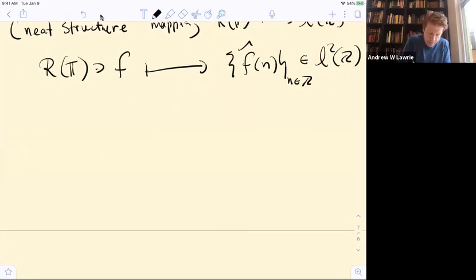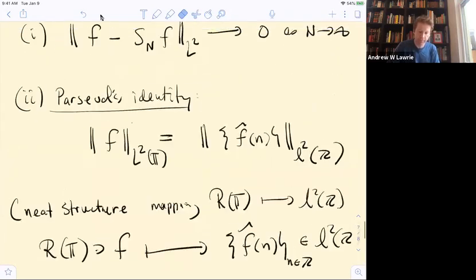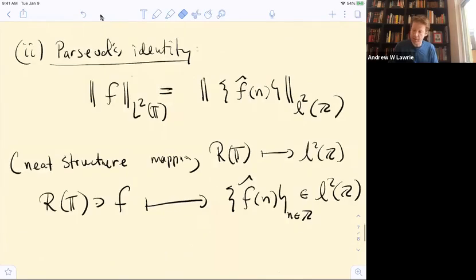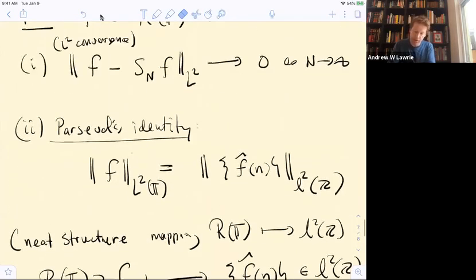So, a remark. Let me discuss this now, just a bit. We're going to come back and discuss this again later. We have this mapping here.